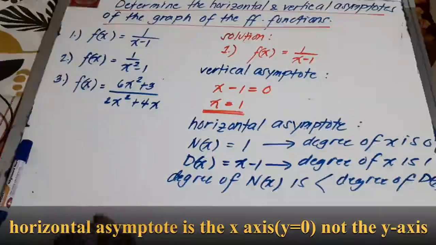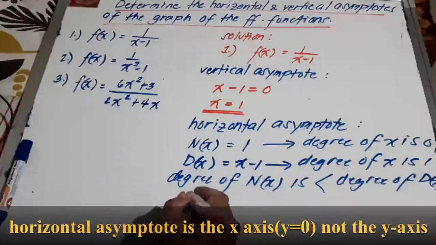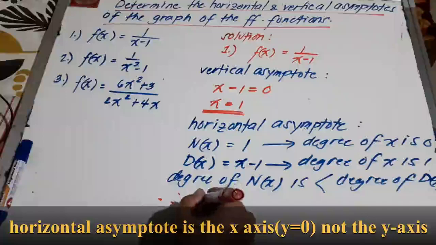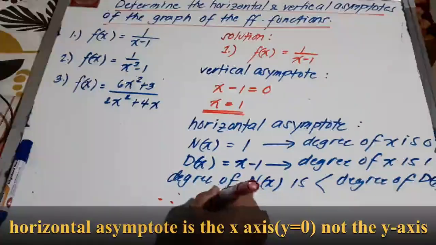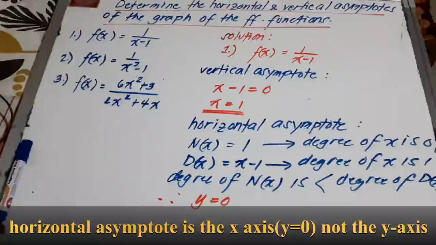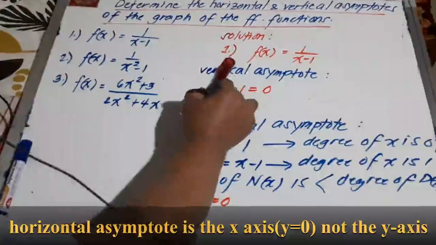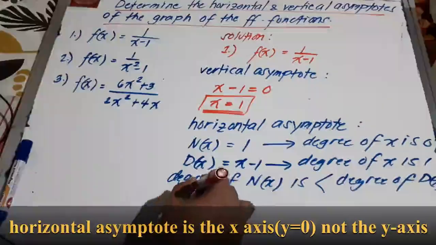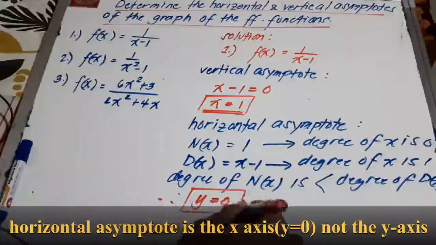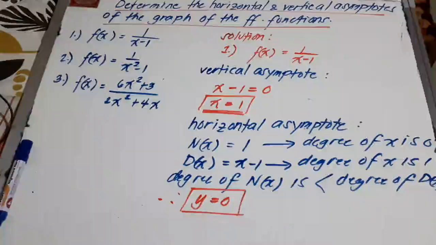That is the first rule in determining the horizontal asymptotes of a rational function. Therefore, our horizontal asymptote is y equals 0. Okay? So, nasagutan na natin the vertical asymptote, x equals 1, and the horizontal asymptote is y equals 0. Okay? So, that is the solution for example number 1.